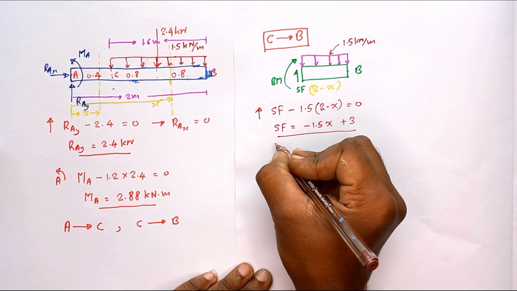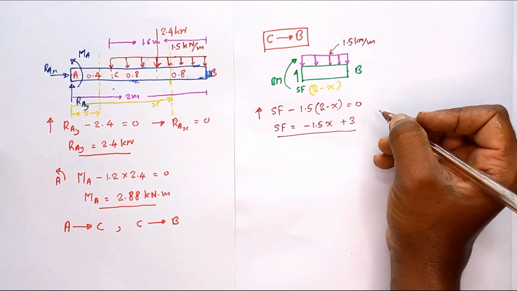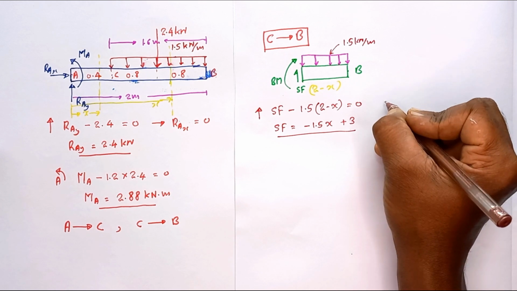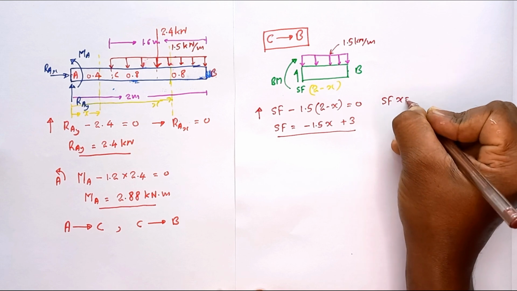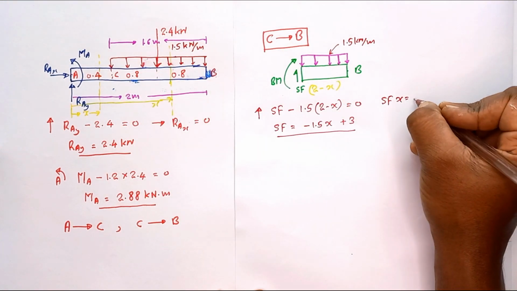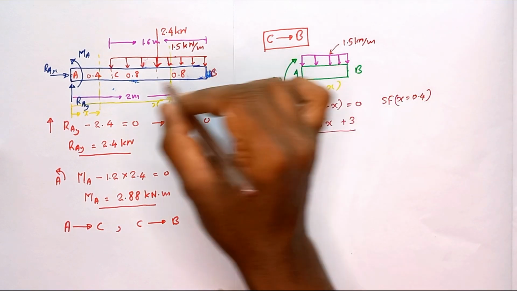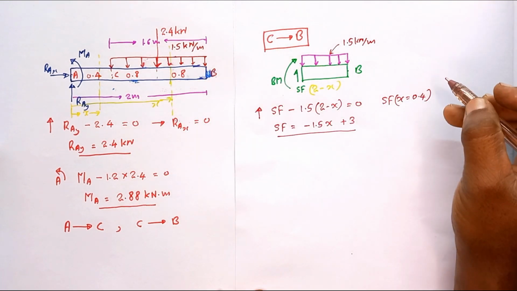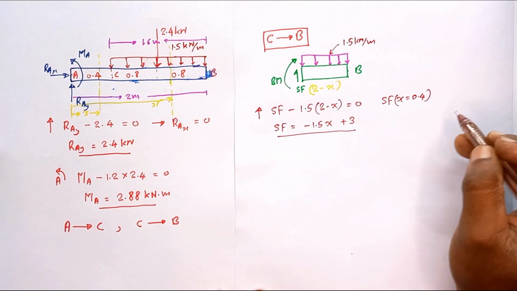Then the shear force at x is equal to 0.4, this region is starting at 0.4. Here the C to B region we are going to consider.